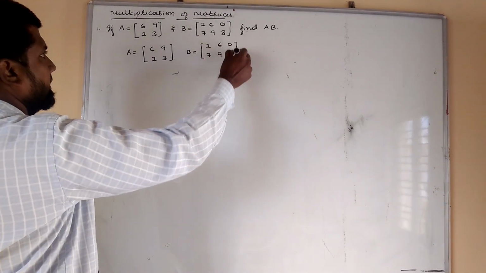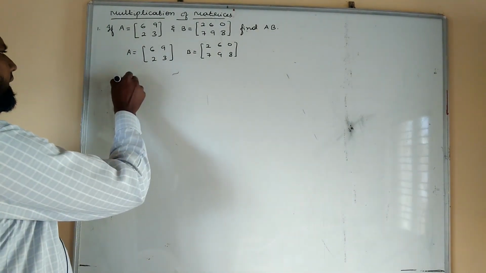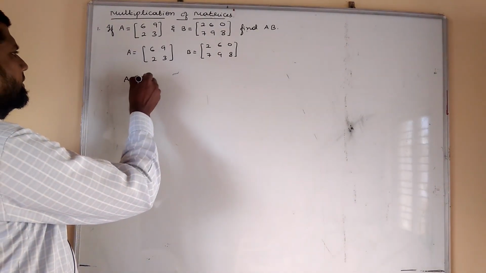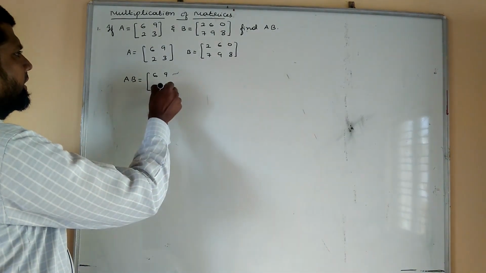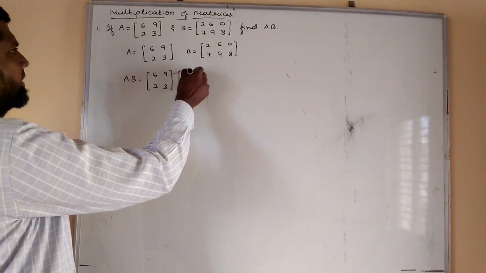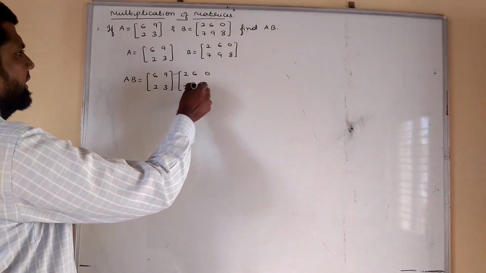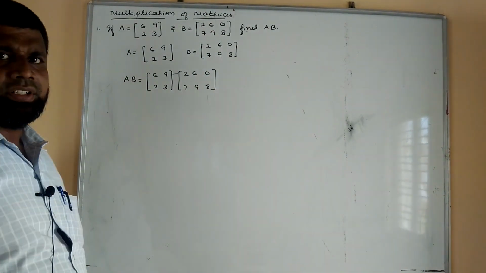These are the two matrices he has given. AB means you have to multiply A into B. So multiplication is different from the addition.